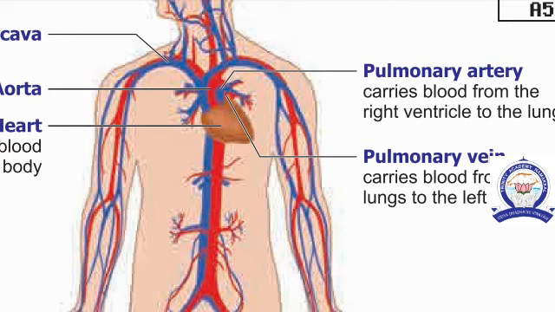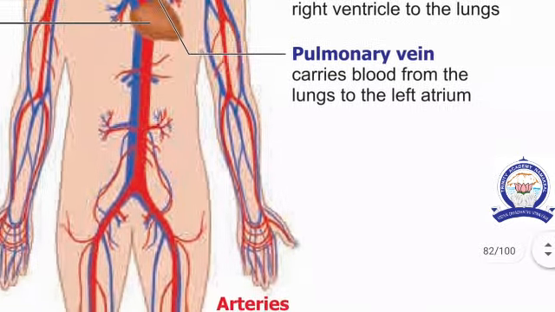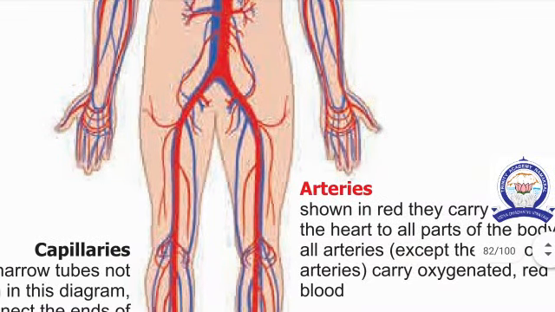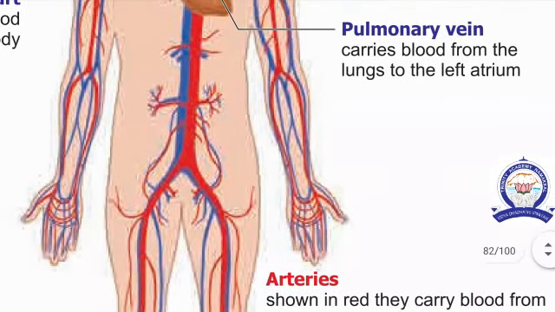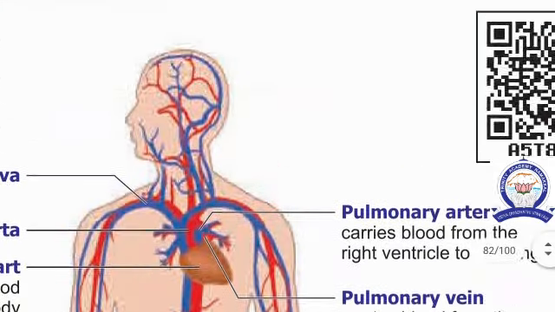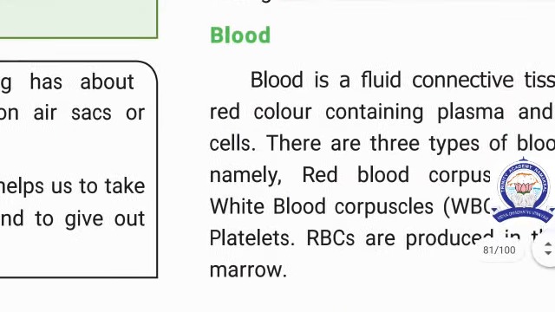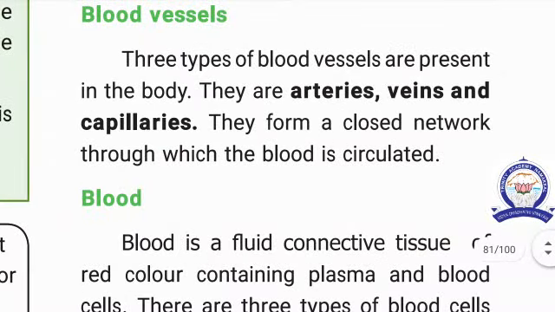Then capillaries. Capillaries are attached between arteries and veins. These are blood vessels. The blood vessels are classified into three types: arteries, veins, and capillaries.